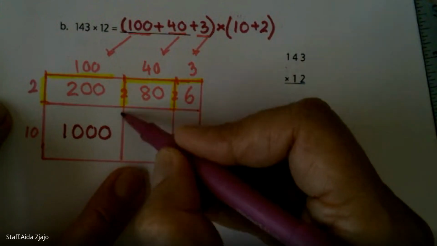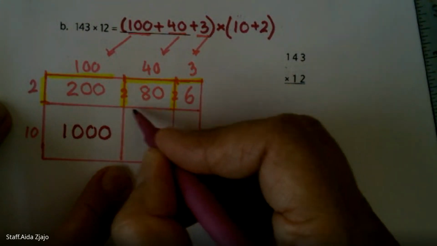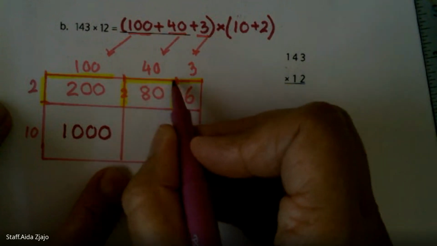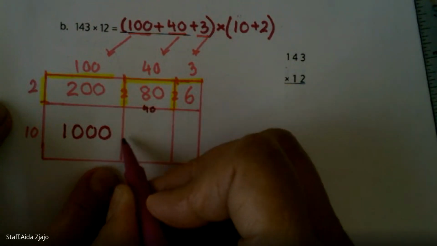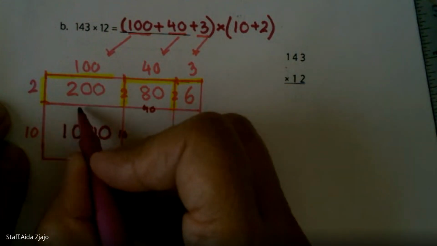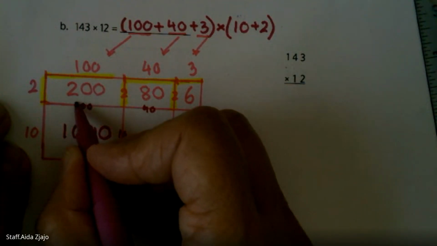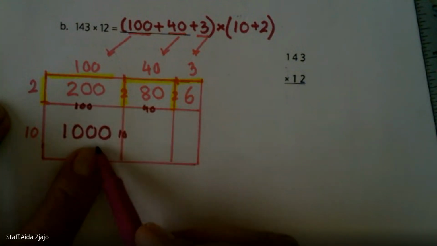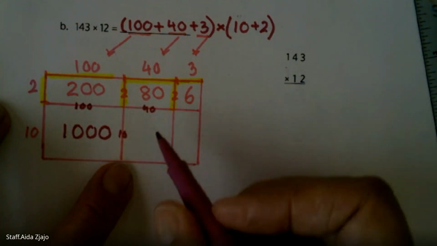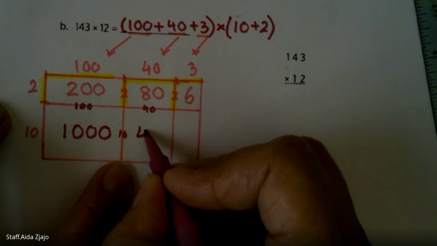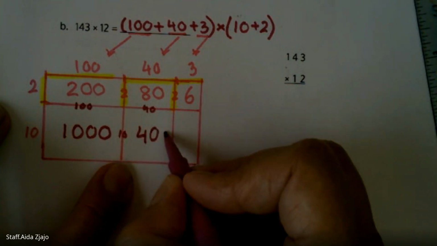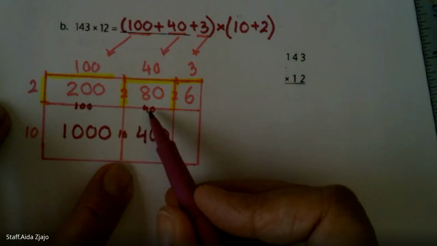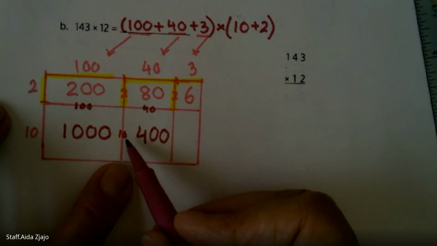Now this is 10 times 40. Because the 40 is here and this is 10, and here I also can put 100. So you can see 10 times 100 is 1,000. 10 times 40: 1 times 4 is 4, and then I add 2 zeros because 40 gets 10 times bigger.